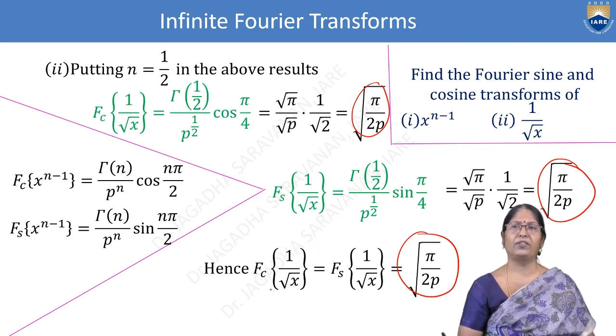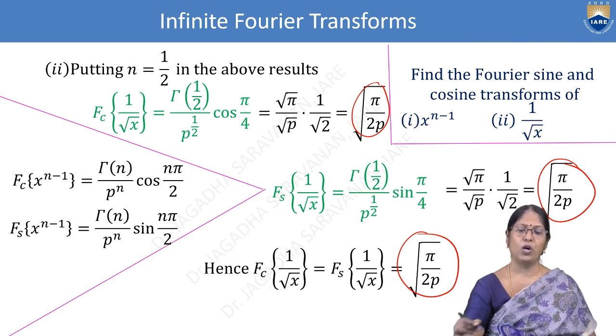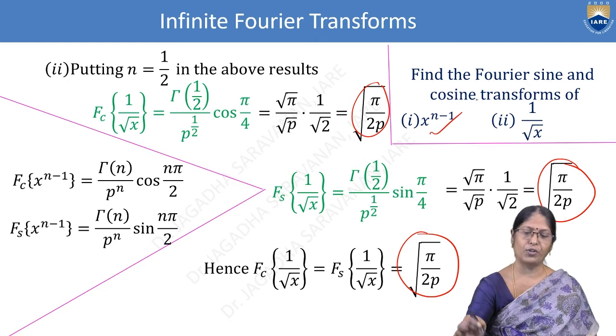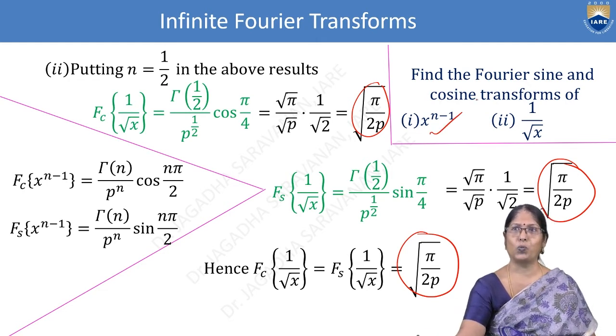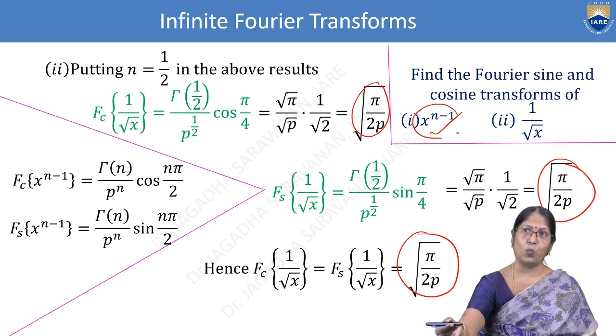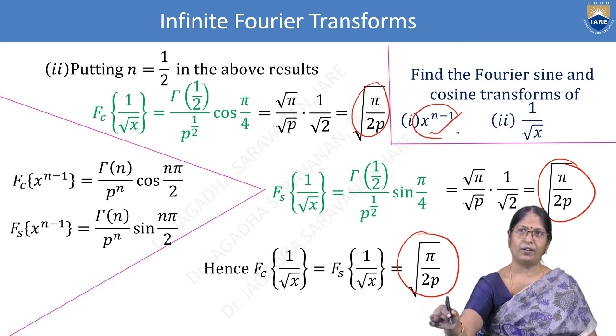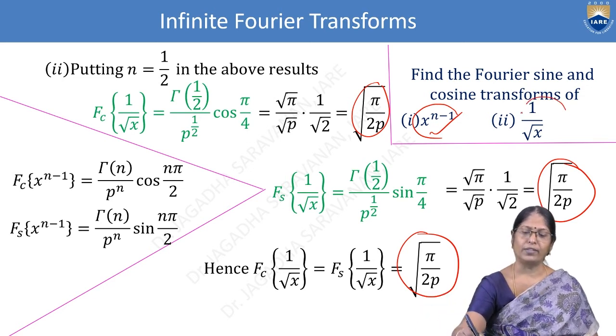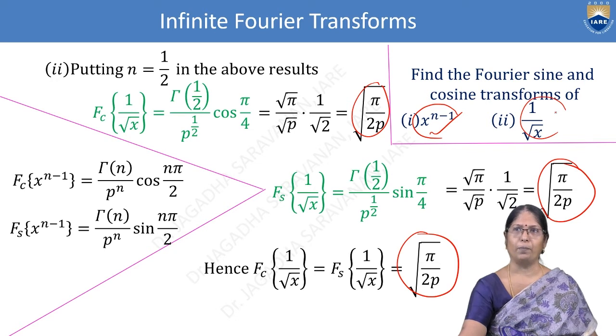So we completed the first problem, both parts, for the function x power n minus 1. With the result we derived, with that help, the second part also we completed.